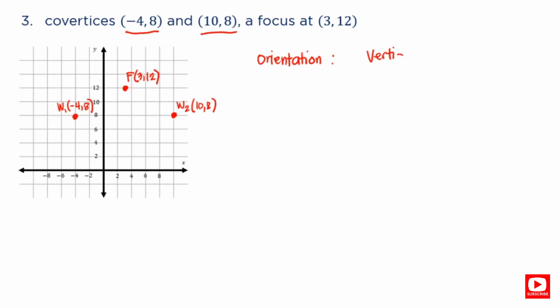Kasi again, yung co-vertices natin ay horizontally aligned. So since it is vertical, the form of our equation will be x minus h quantity square all over b square plus y minus k quantity square all over a square equal to 1. Okay? So we need the values of h, k, a, and b.